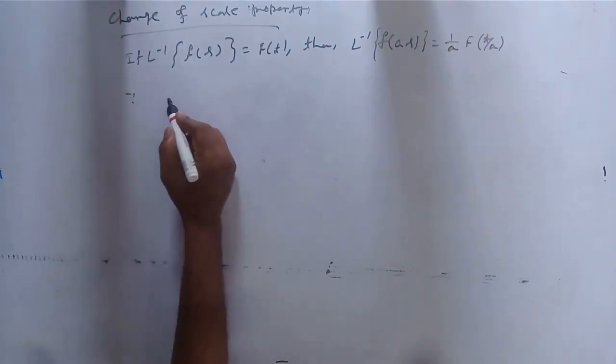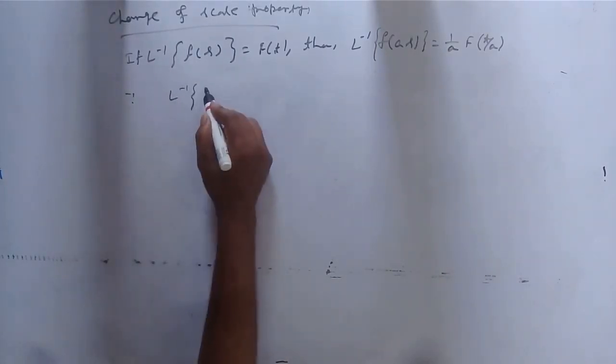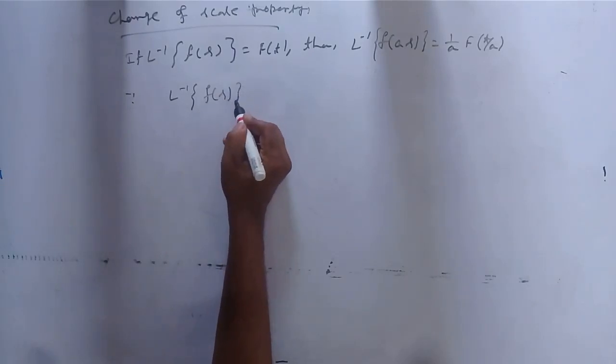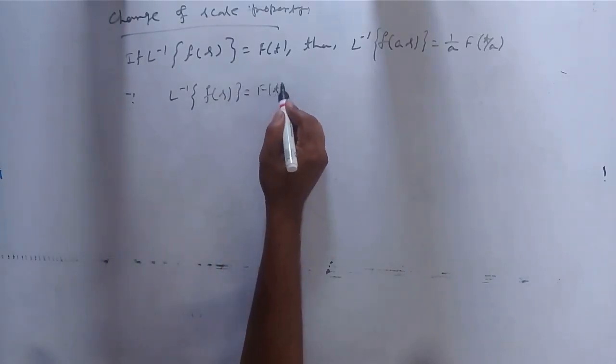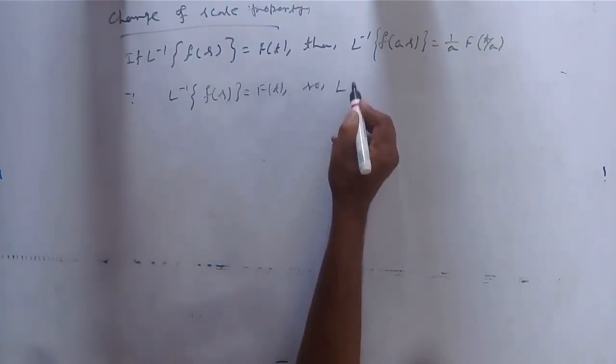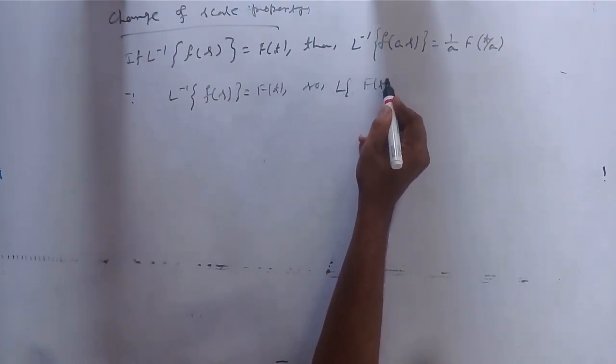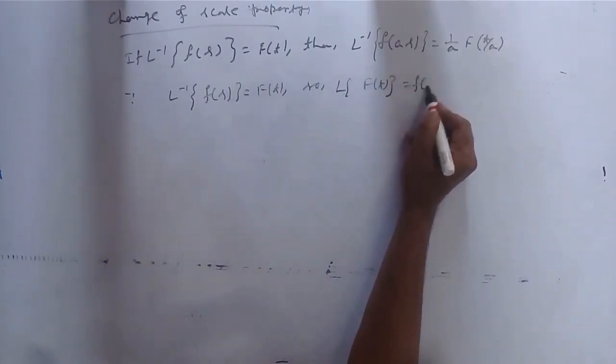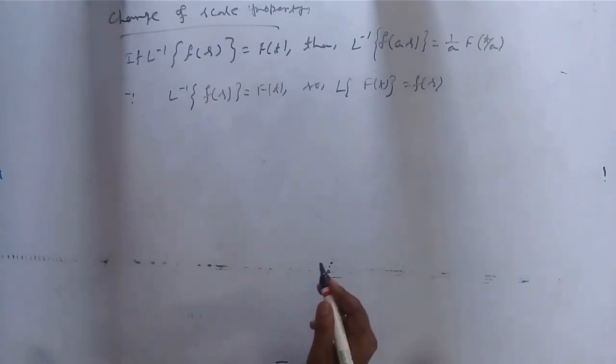Now the proof is, since L inverse of F(s) equals f(t), so L of f(t) equals F(s).